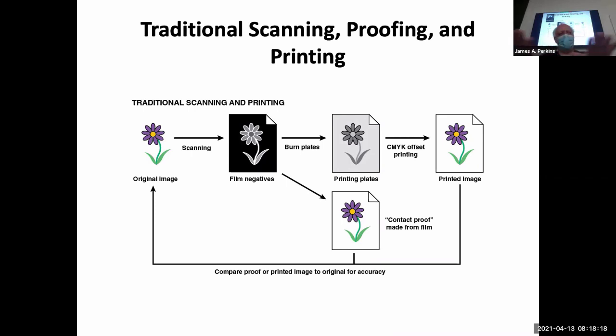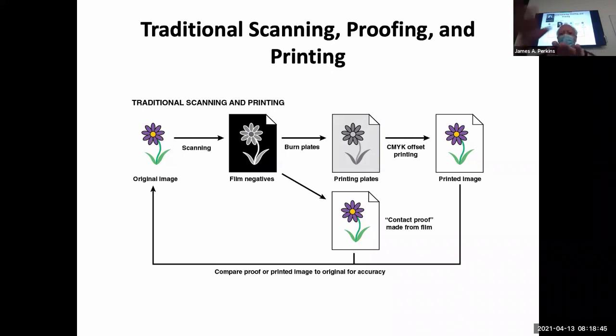So they had a thin film of cyan, and you'd lay that on the white paper. Then you'd put the cyan negative on top of that, and shine a bright light through it for a couple of minutes. It would transfer that cyan film onto the sheet of paper, capturing all of the cyan information from the cyan negative. Then you do the same thing with the magenta, the yellow, and black.